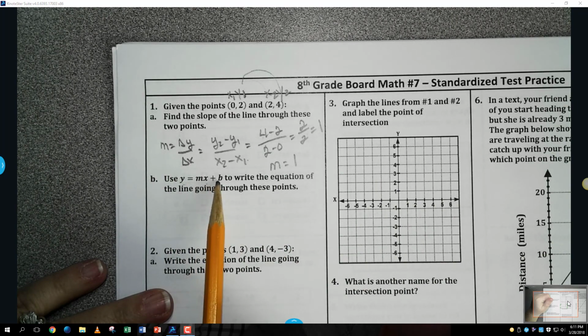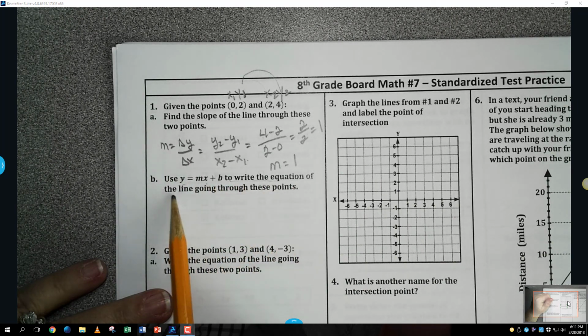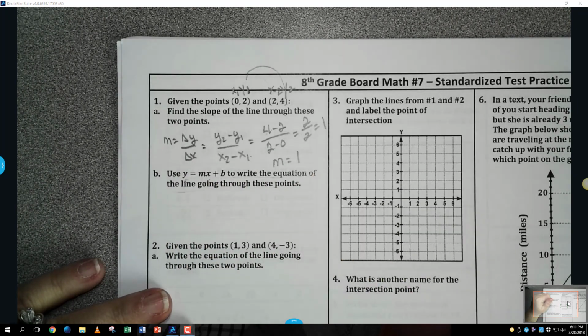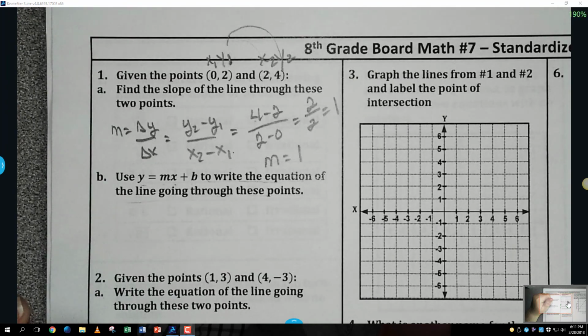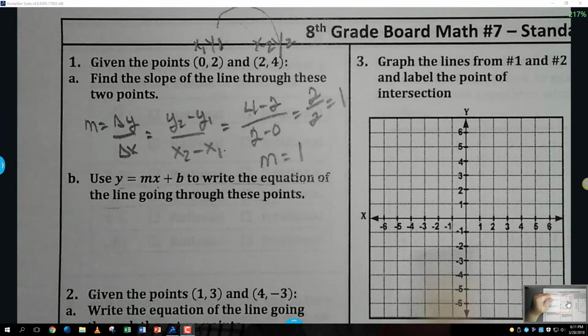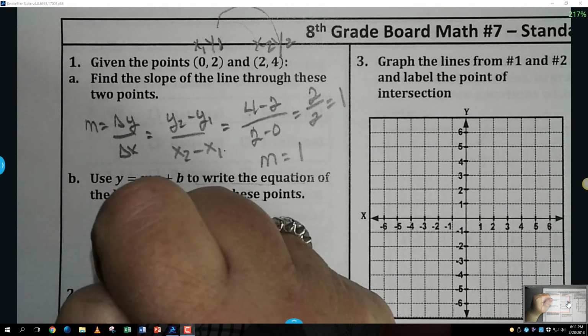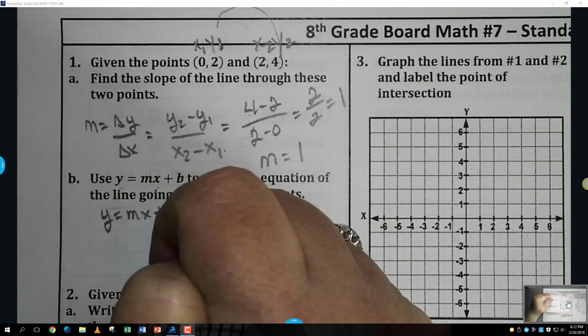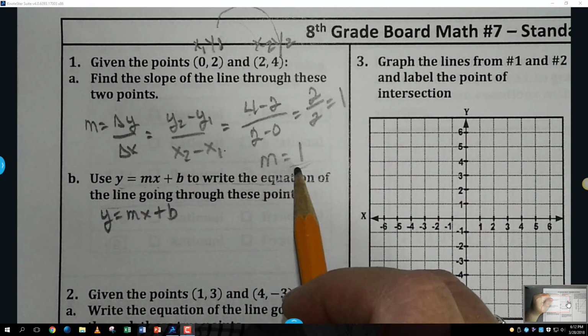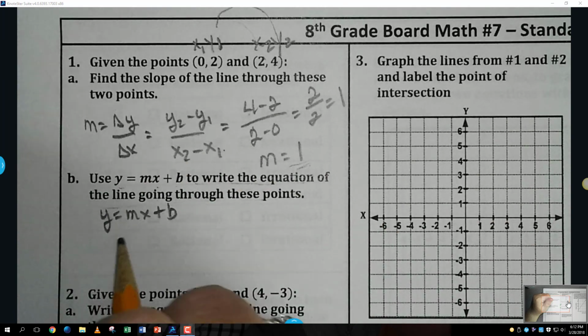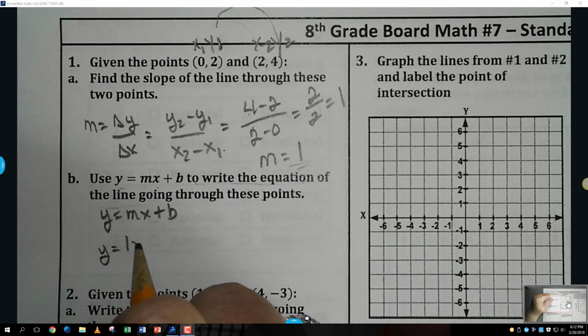Use y equals mx plus b to write an equation of the line going through these points. So I have y equals mx plus b. We just figured out that m is 1, so y equals 1x plus b.